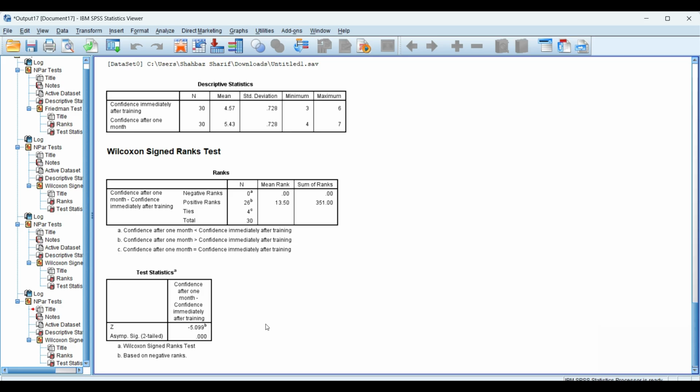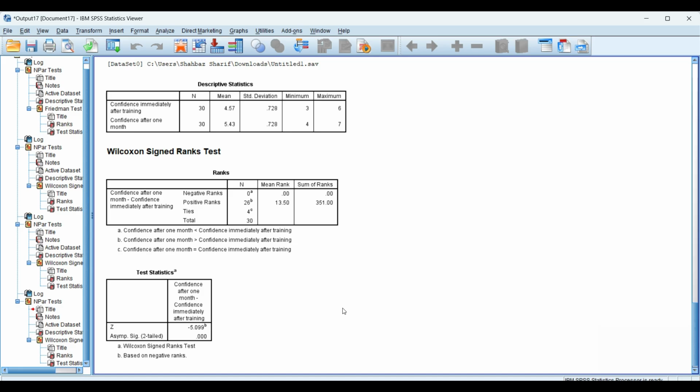So here we also reject the null hypothesis and we accept the alternative because there is a significant improvement from confidence immediately after training to confidence after 1 month. So there is also a significant improvement.